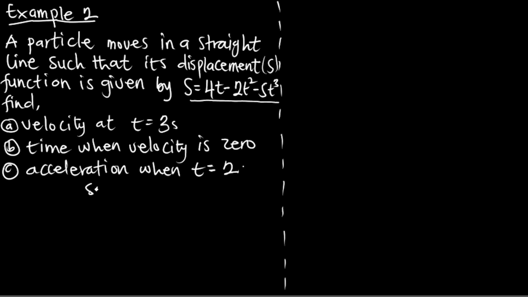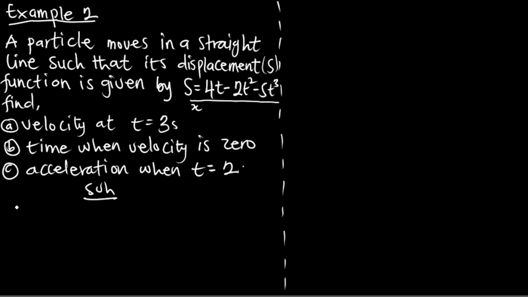Are we okay? So now we have the displacement. Remember, displacement and distance are almost interchangeable. It is given in terms of s, not x, and the equation is given like this.